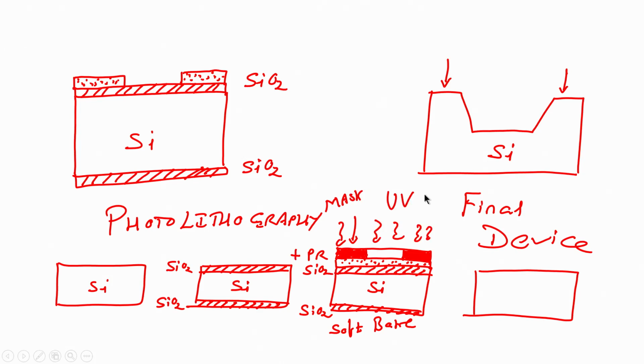When I expose the wafer with UV and develop the wafer, that is, I expose the wafer with UV, unload the mask and develop the photoresist, that is called developing of the wafer. Then what will I have?